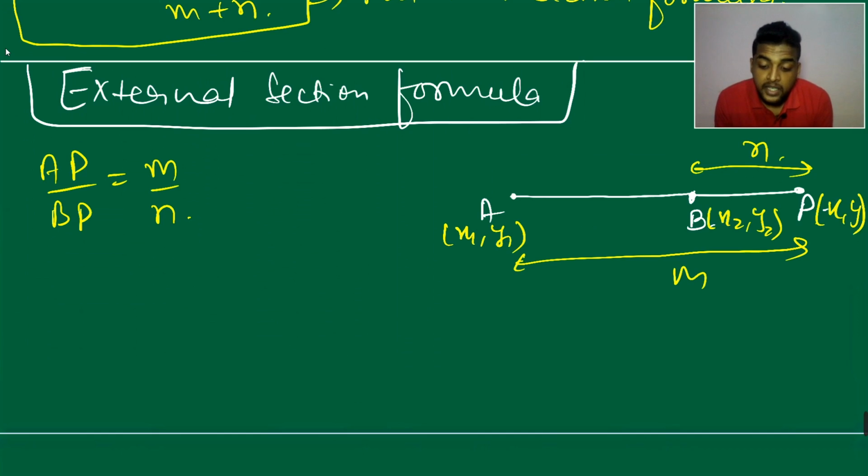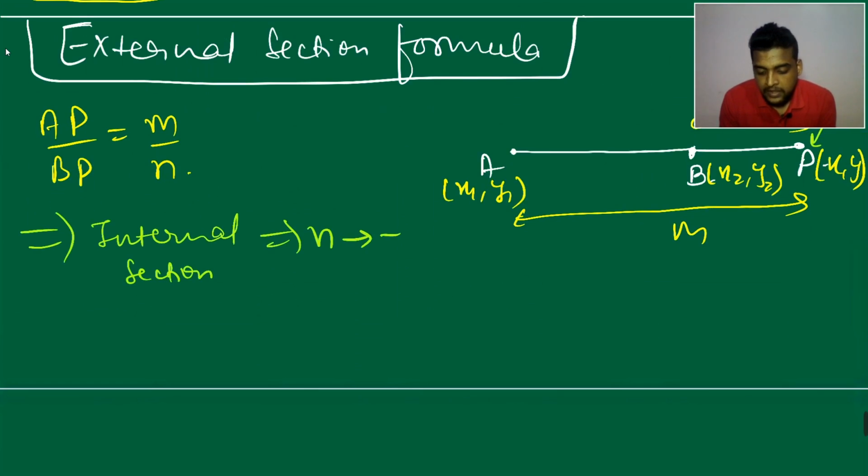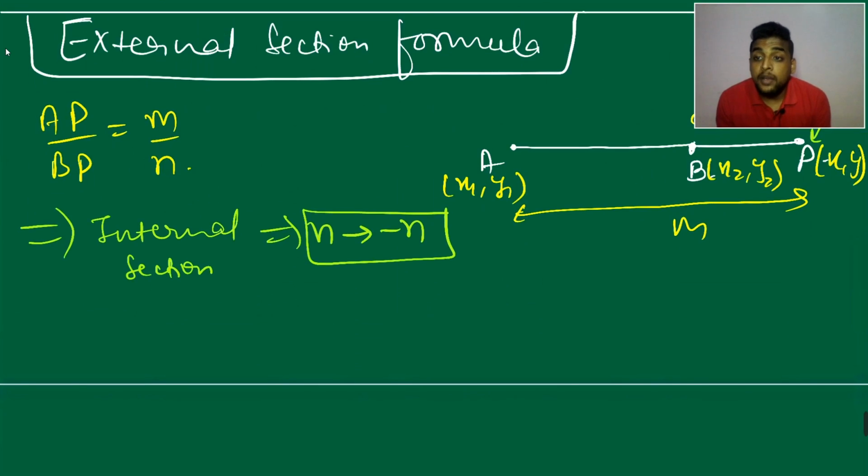As we know the internal section formula, we can find the external point P similarly. How? We have to do only one thing: in the internal section formula, n is replaced by minus n.